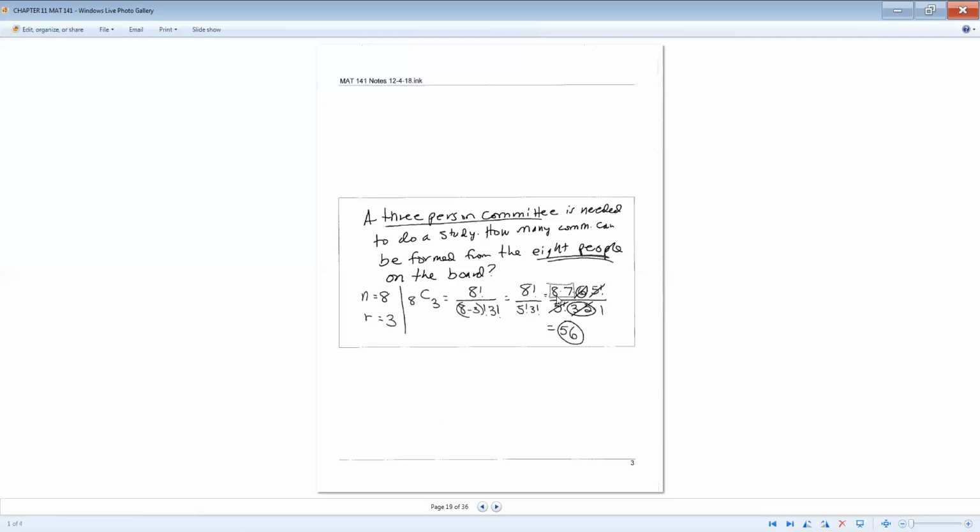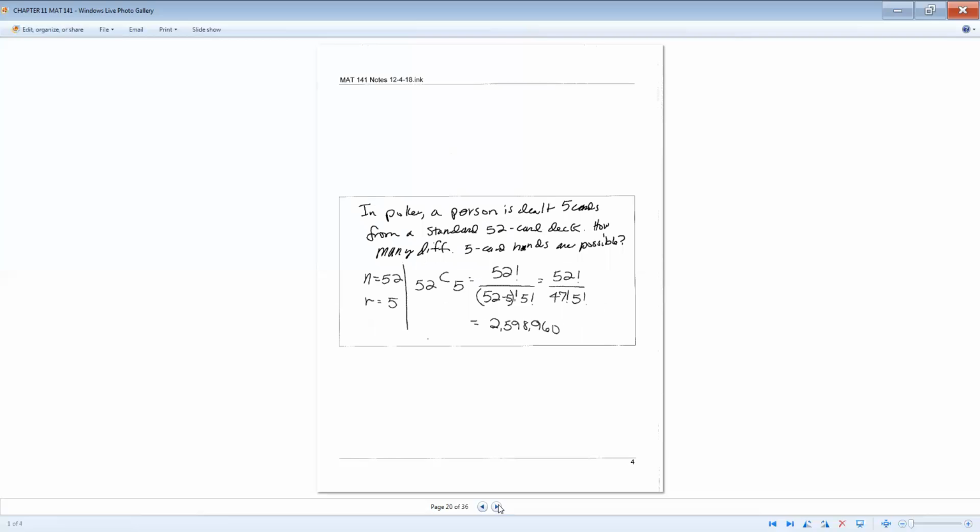The way I would do it, I would take my 8 and take it all the way down to 5 factorial: 8, 7, 6, 5. And that's going to cancel out with the 5 factorial down here. Then I would expand this 3 factorial, 3 times 2 times 1. And then 3 times 2 is 6. So that cancels out with the 6 right here. That leaves me with just 8 times 7, which is 56. So once again, you can put it in a calculator, but if not, that's how you would do it by hand.